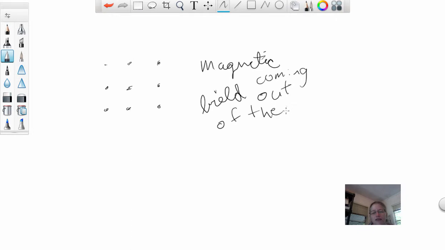And that's actually generally what we say, out of the page, out of the board, and now out of the screen. It's just coming out of that dimension.